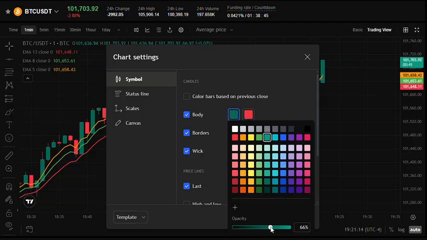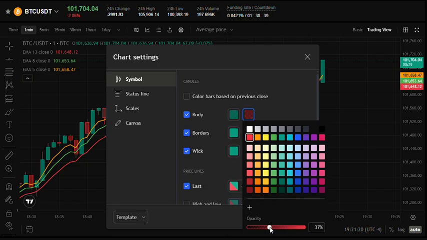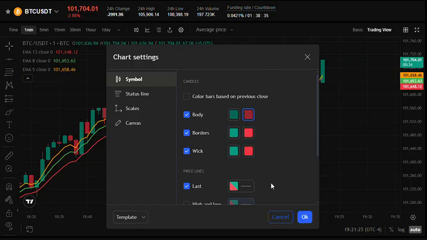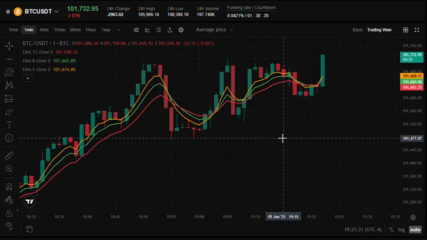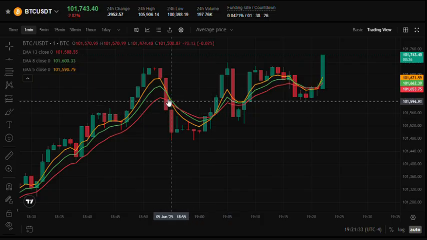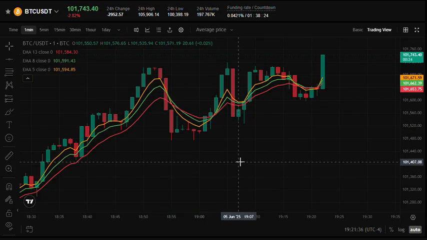Let's see, that looks like a little too much. I do like a little color. Let's put it at 65, okay? Let's take the red, drop it down to 65. And I don't mind the borders being solid, and I don't mind the wicks, right? That's fine, just the bodies, because we want to clearly see these indicators passing through the candles.